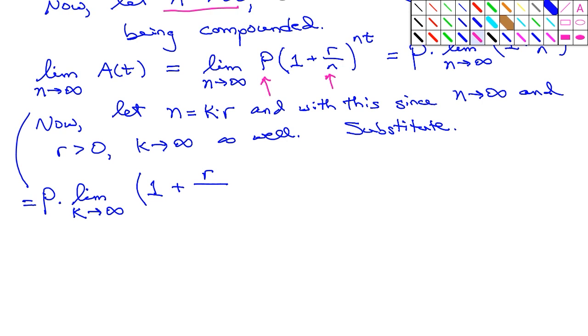Well, that n is now going to be kr. And then we did have another n up here in the exponent. Well, that one is now kr. And all of that is being raised to the t power.